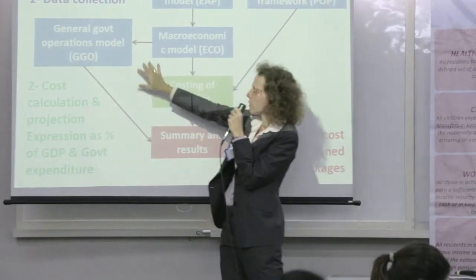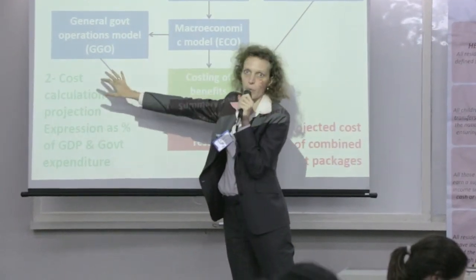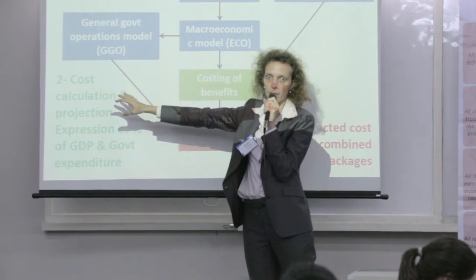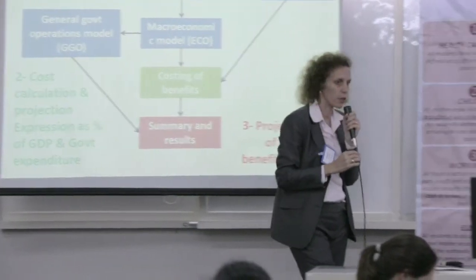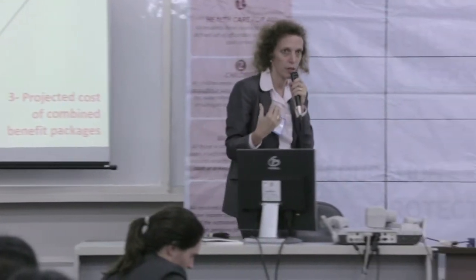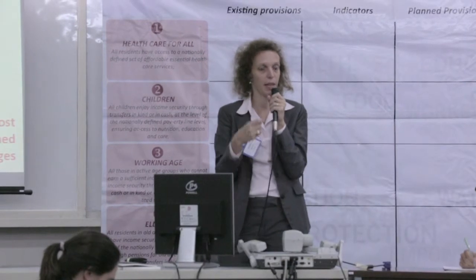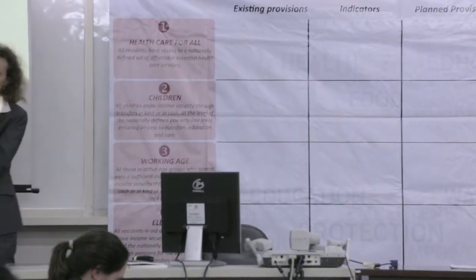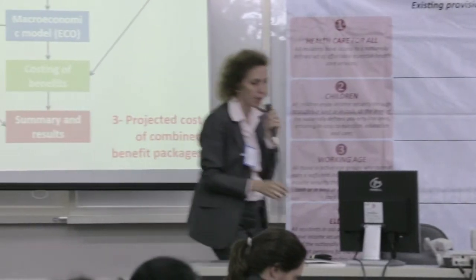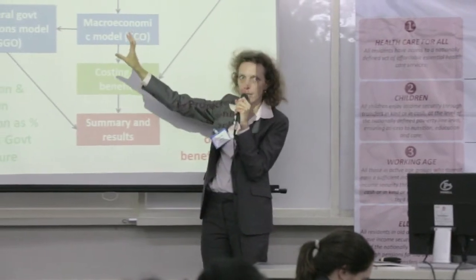And you need also to have information on the government budget, operations budget, expenditure and revenues. Why do you need that? Because the results of the cost in the end will be expressed in percentage of GDP and in percentage of the government expenditure.